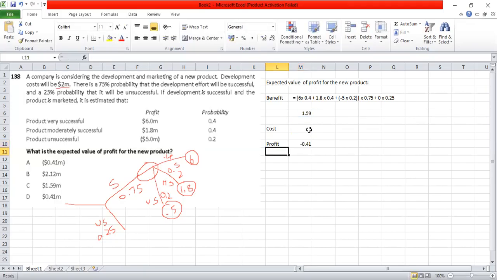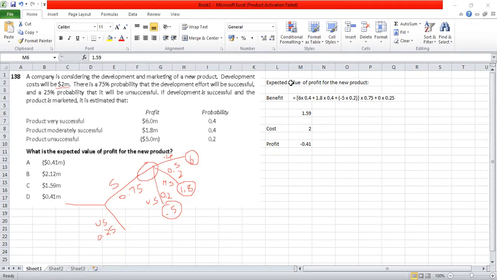So are they incurring any profit? They are getting a benefit of 1.59 after putting in the development effort and checking whether it would be successful or unsuccessful.